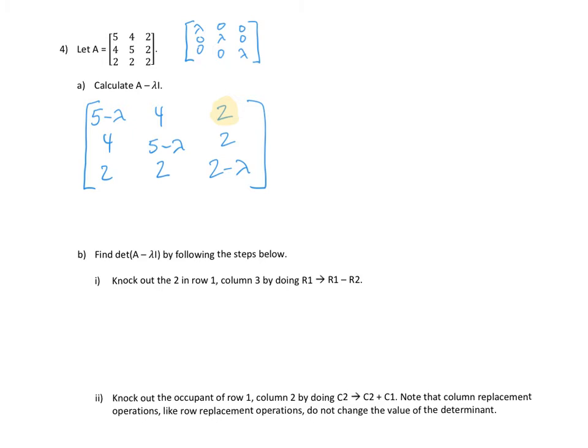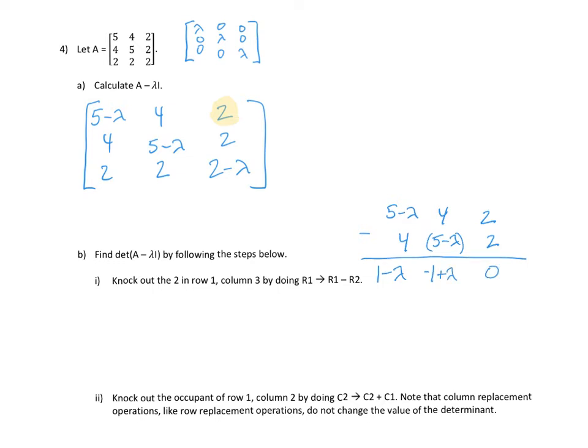Okay, so row 1 is 5 minus lambda, 4, 2. Row 2 is 4, 5 minus lambda, 2. I'm supposed to subtract these. So 5 minus lambda minus 4 would be 1 minus lambda. 4 minus 5 minus lambda: 4 minus 5 would be negative 1, and minus a negative lambda is plus lambda.